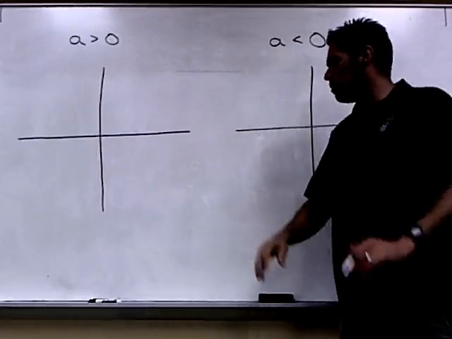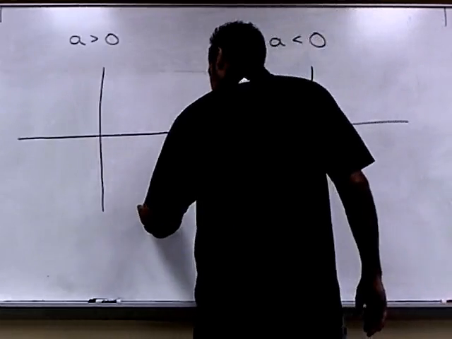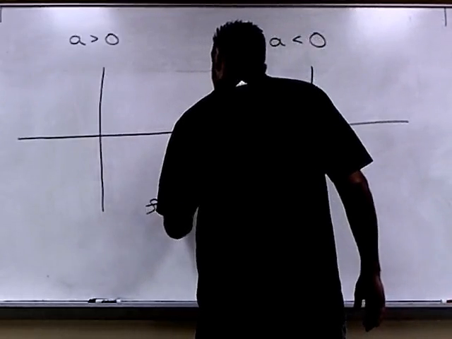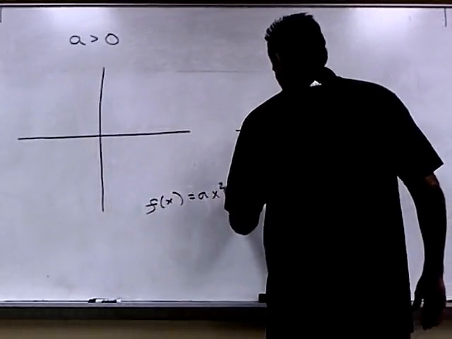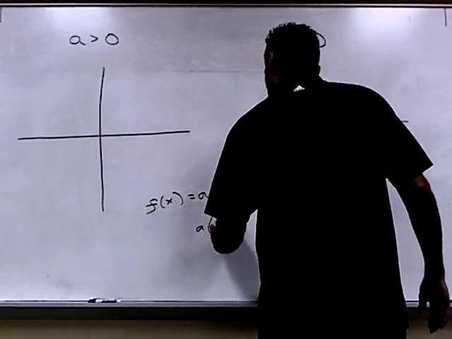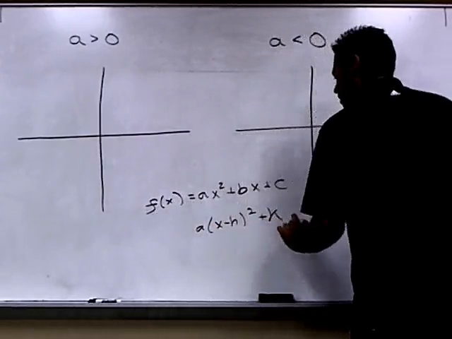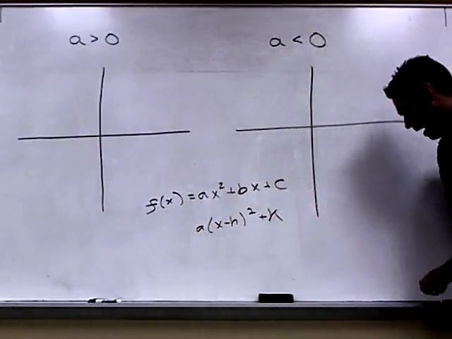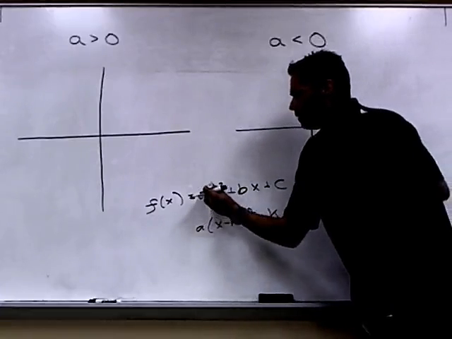Now, a in the two formulas I gave you, I'm writing these very quickly because you already have them. The other one was a(x - h) squared plus k. Those were the two forms. The a was just the number in front of x squared.